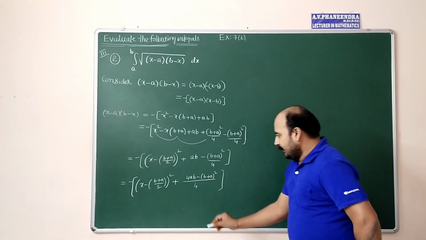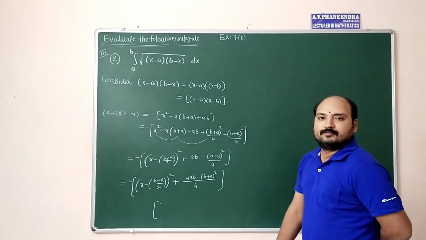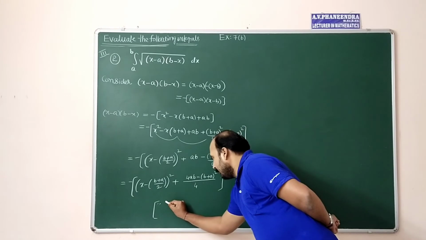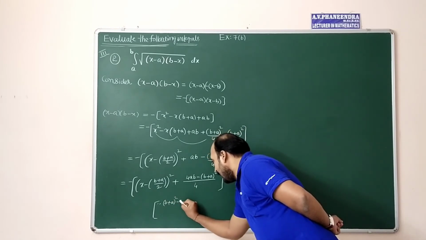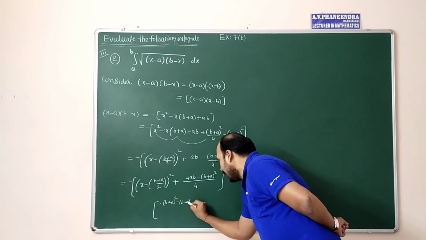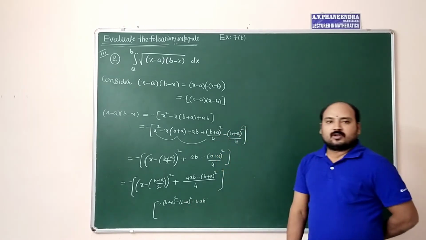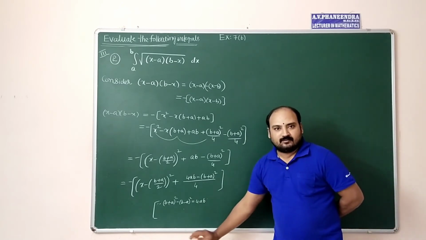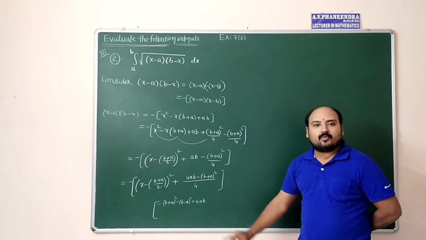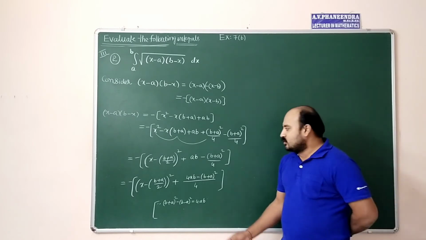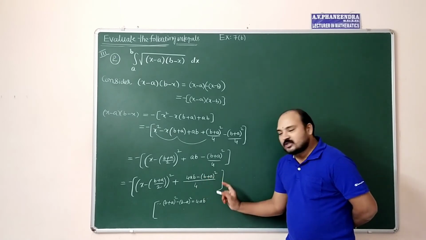Observe carefully, we know that (b plus a) whole square minus (b minus a) whole square equal to 4ab. This is the standard formula from algebra. So now what I am doing is, 4ab minus (b plus a) whole square is there, no?